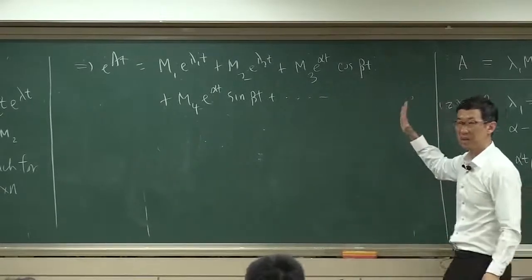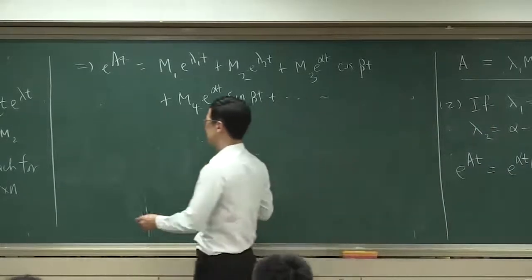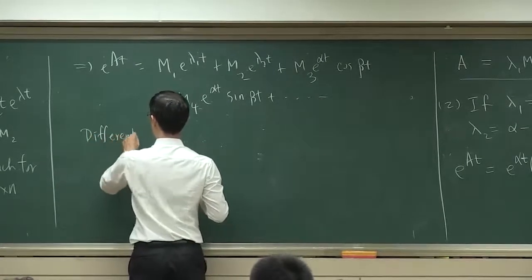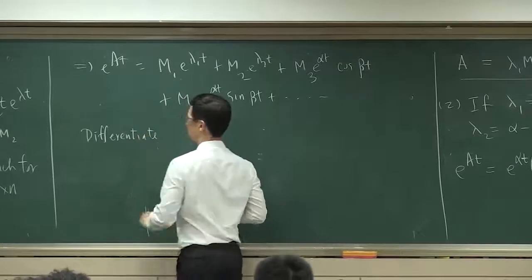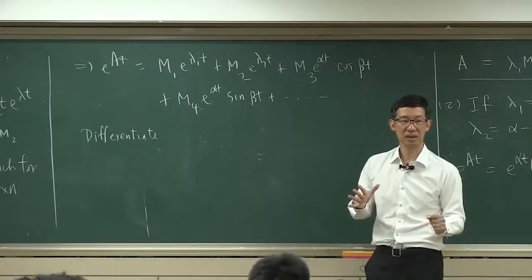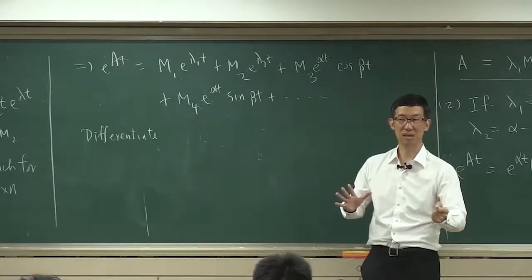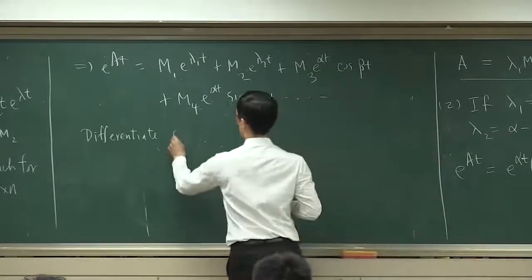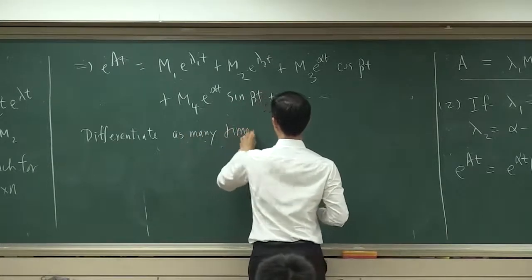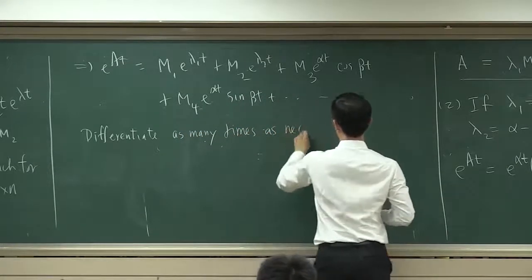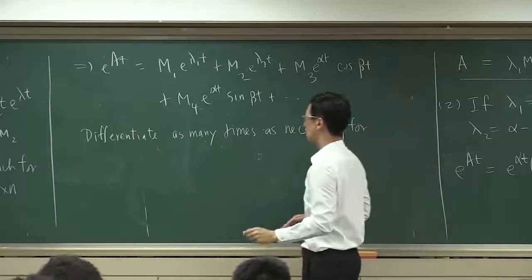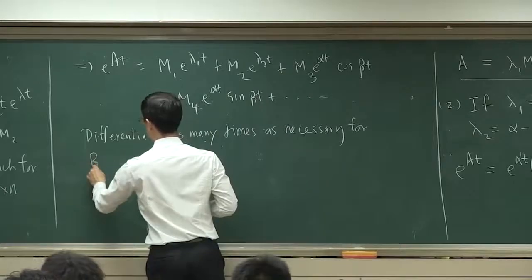N of these terms, right? And then differentiate as many times as necessary to get your independent boundary conditions.